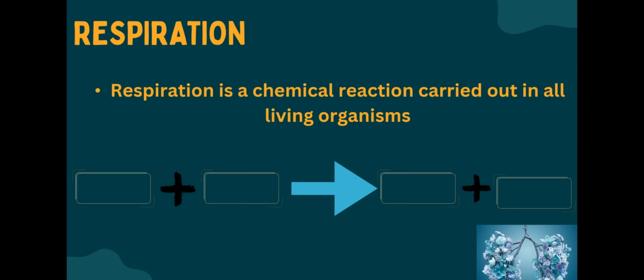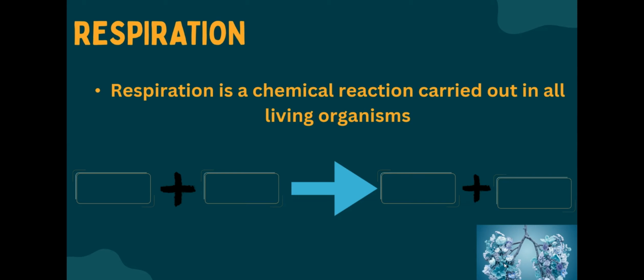Second, we have respiration. What is respiration? Respiration is a chemical reaction that happens within all living organisms, especially within their cells. Why does this happen? To release the energy that is needed to perform all of the life processes.